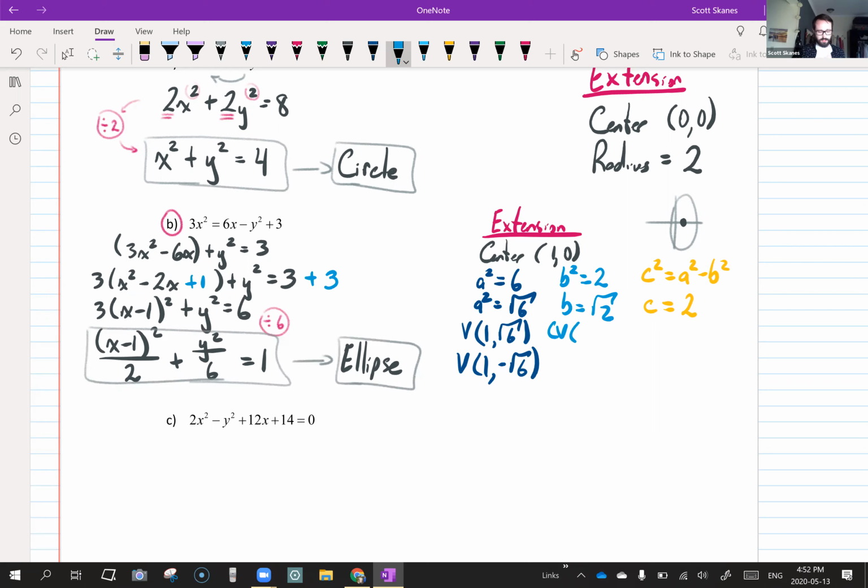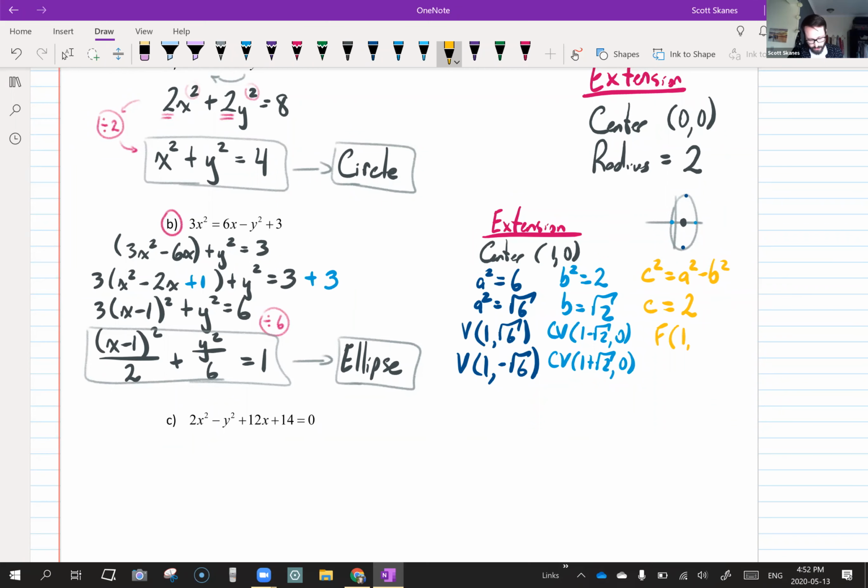Co-vertices. So take the center, which is at 1, 0, go left and right by √2. So it's 1 minus √2, 0, and 1 plus √2, 0. I'm just getting things like these points here. The foci. You take the center, you go along the major axis, up by 2, down by 2.